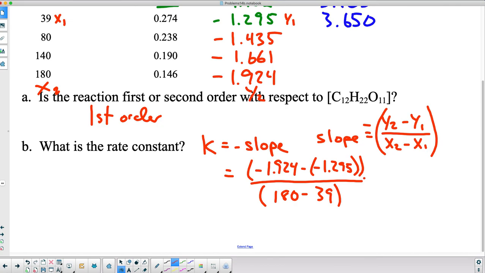I get 4.46 times 10 to the negative third. And that's in minutes, or 1 over minutes, minus 1. That's my k. Okay, that's it. We're done.